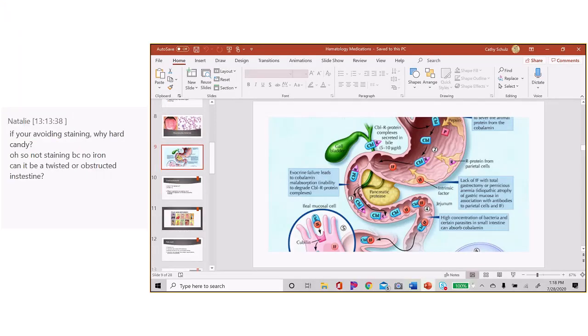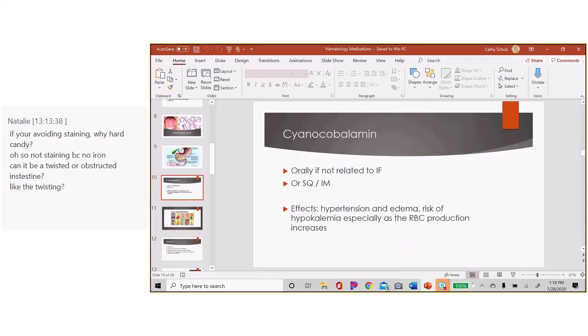So if that's the problem, you can give vitamin B12 replacement in order to facilitate that, because your body needs the B12 in order to make red blood cells. So they'll make fewer red blood cells if it's not present.